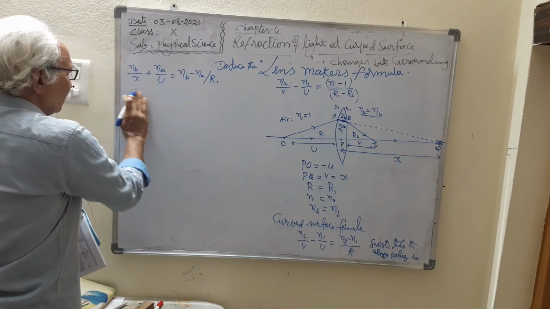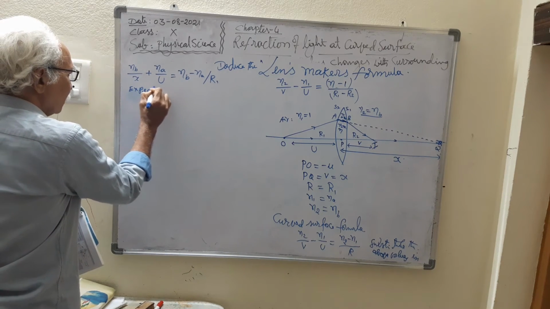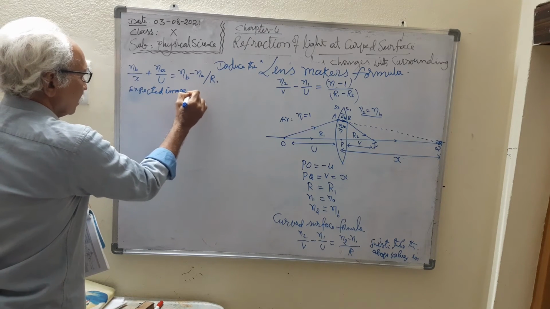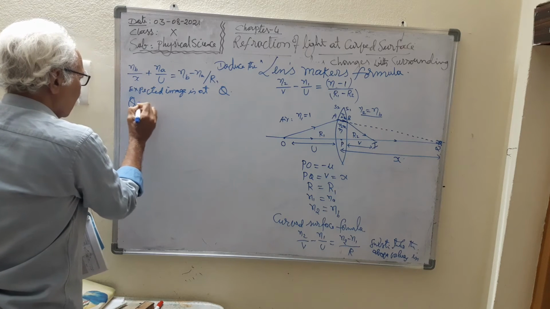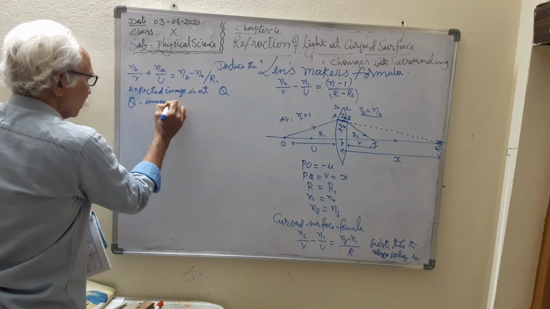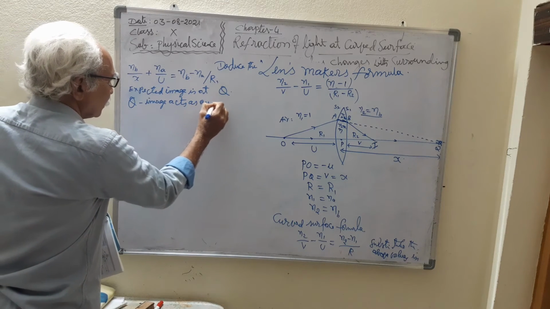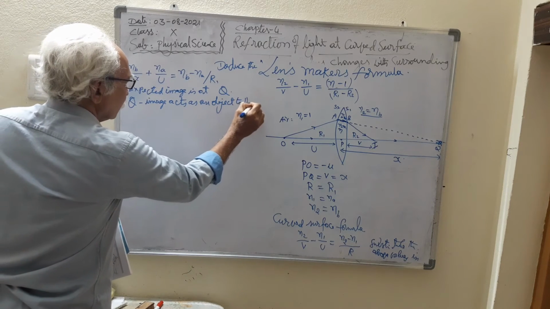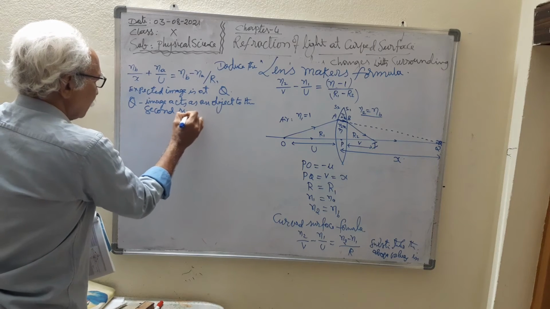Here you write this: the expected image is at Q. So the Q image acts as an object to the second surface, the B surface.